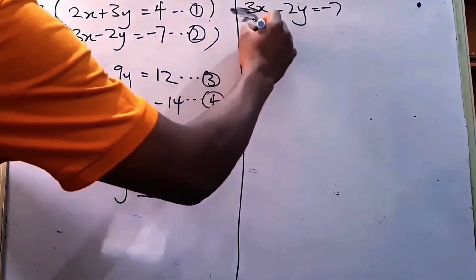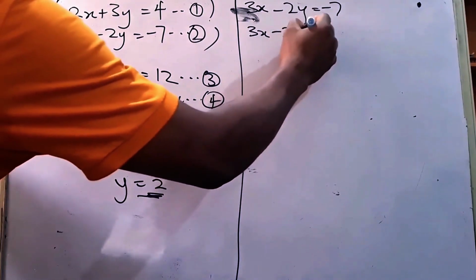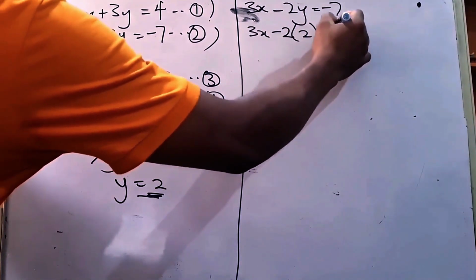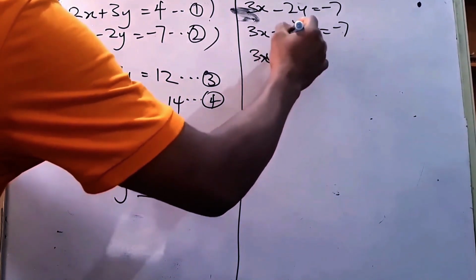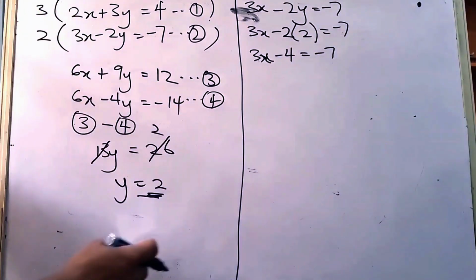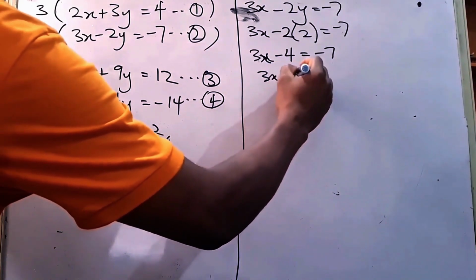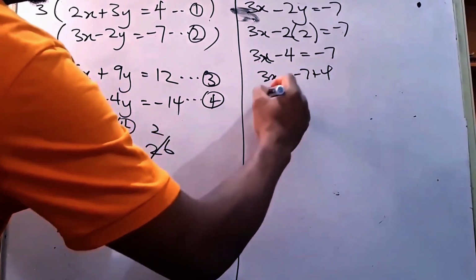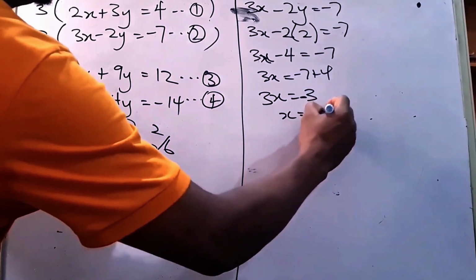So you have 3x minus 2, y is 2, is equal to minus 7. Is 3x minus 4 is equal to minus 7. Move 4 to the other side. We have that 3x is equal to minus 7 plus 4. 3x is equal to minus 3, so x is equal to minus 1.